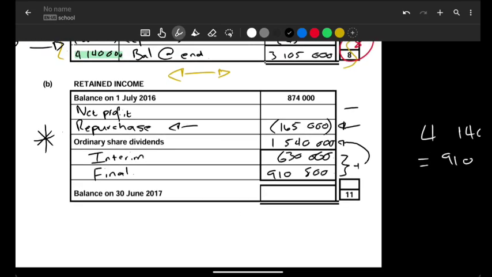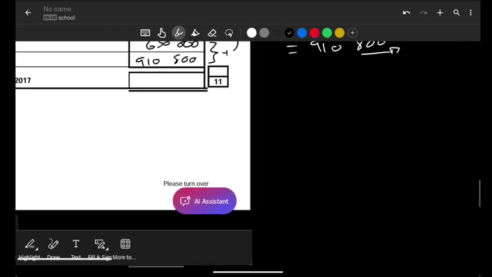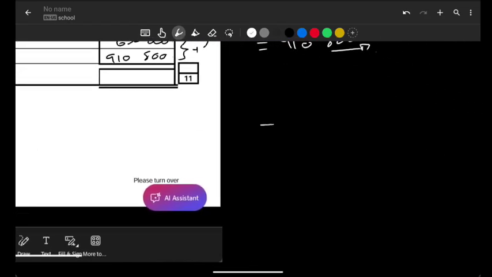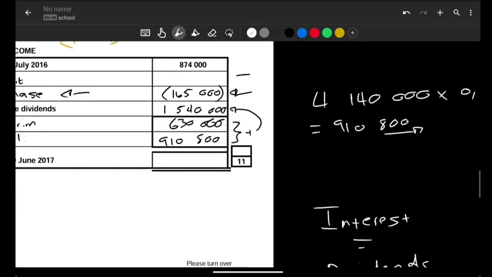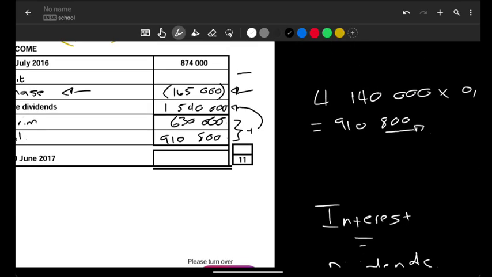You're using the money that you got, the profits afterwards, and you're going to pay it out to your shareholders saying thank you. So it's the equivalent of interest. If someone puts money in the bank, they get interest. But if someone puts money in your business and trusts in your business, they get dividends. So because of that, we are subtracting the dividends here, also in brackets.